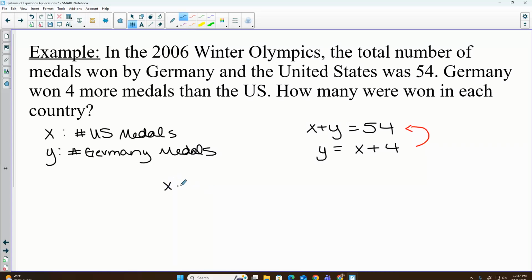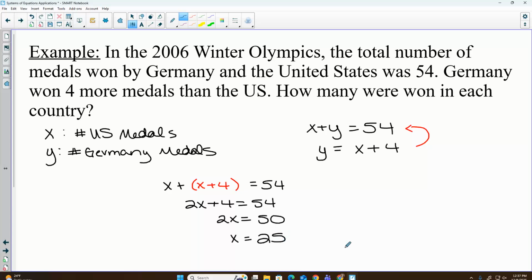So x plus my y, which is x plus 4, equals 54. So if we subtract our 4, 2x equals 50, divide, and x is 25.